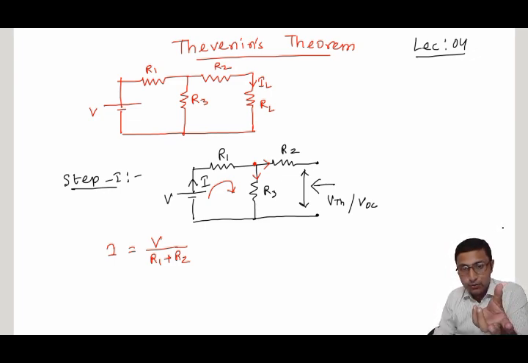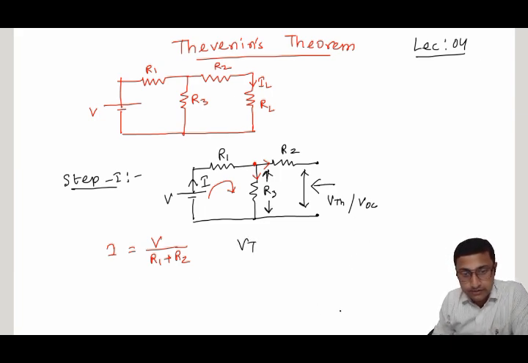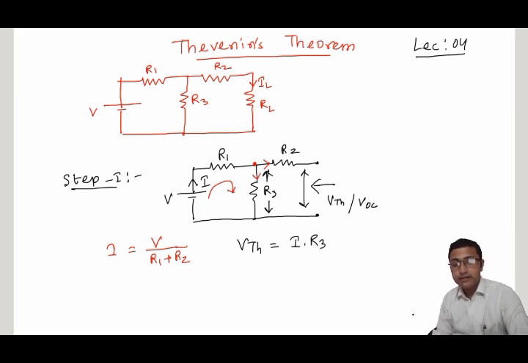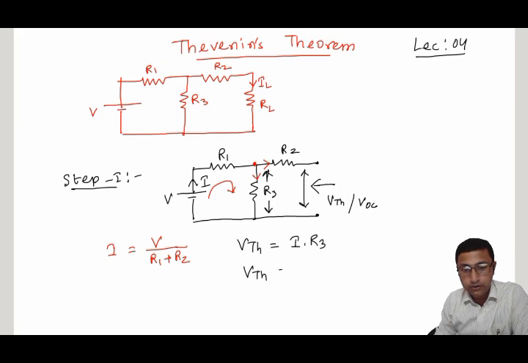As R2 is redundant here, since no current is flowing through R2, VTH will be the same as the voltage across the R3 resistance. So VTH will be the supply current times resistance, I into R3. Putting in the value of I, it will be V into R3 divided by R1 plus R3.